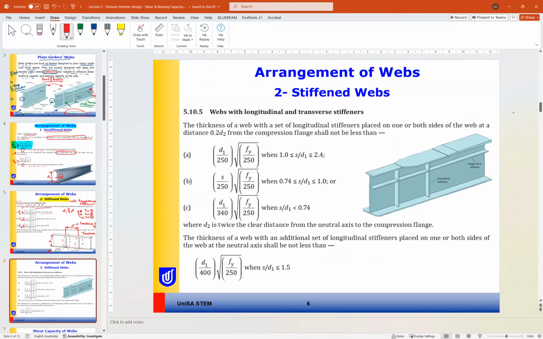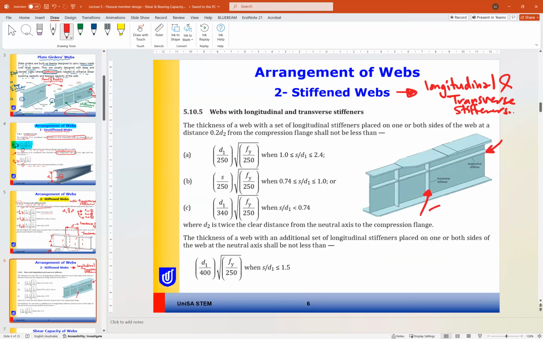The second type of stiffened web is the stiffened web with both longitudinal and transverse stiffeners, similar to this one here.